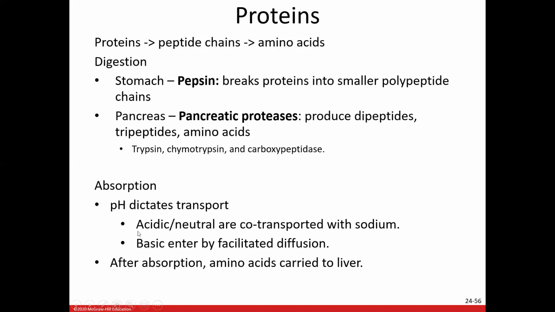Your compounds that are acidic and neutral are going to be co-transported with sodium. And then your compounds that are more basic, so a pH higher than 7, are going to get into the intestinal cells by facilitated diffusion, going through those channel proteins. And then ultimately, after they're absorbed, the amino acids are going to go to the bloodstream and into the liver to be processed.